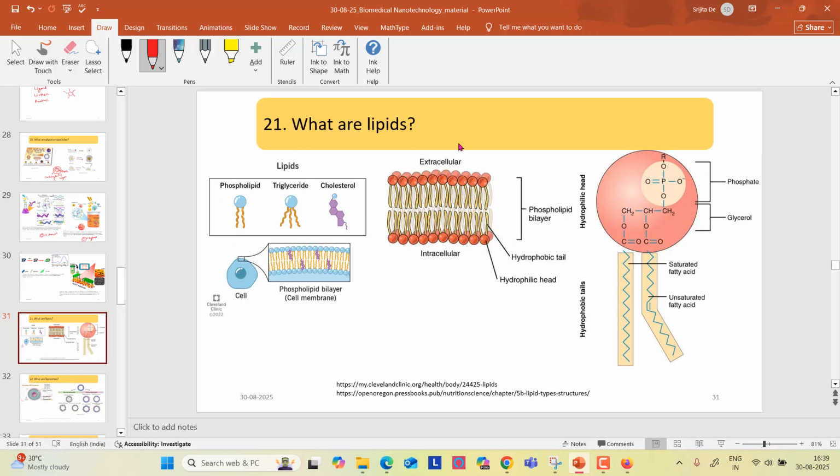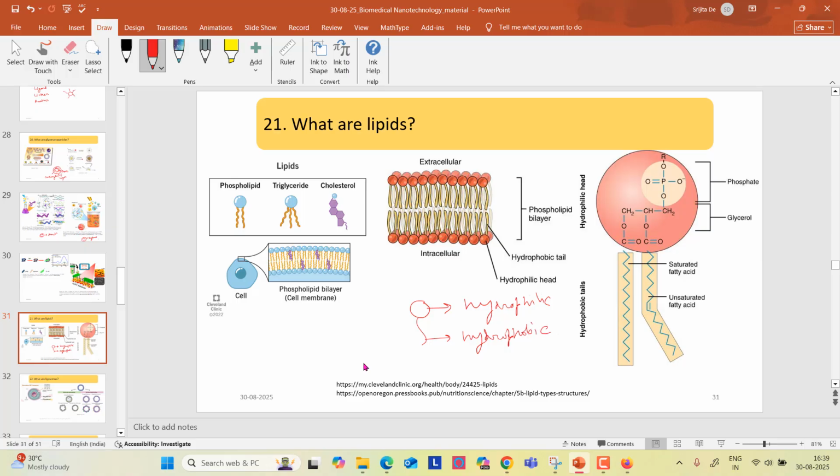Next comes our lipid. What are lipids? Just now we said that lipid is a kind of chemical surfactant. It has a hydrophilic head and a hydrophobic tail.